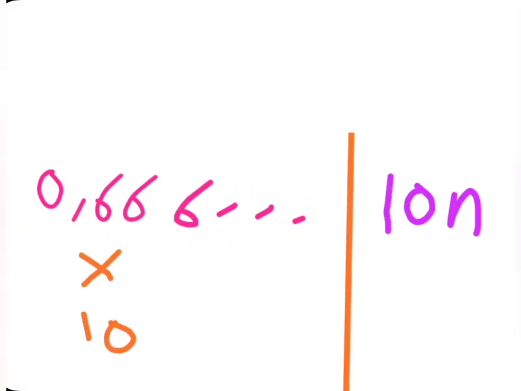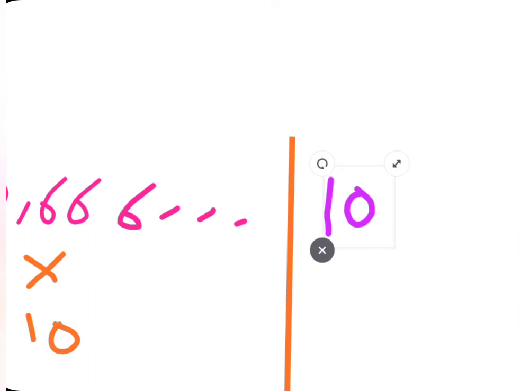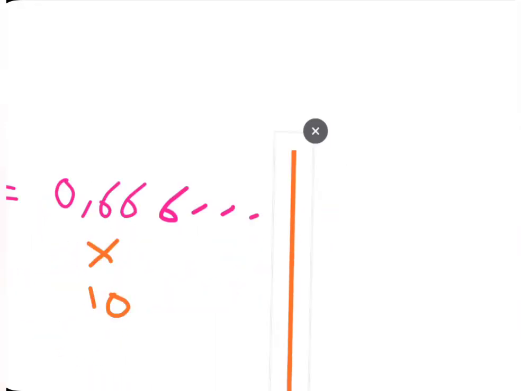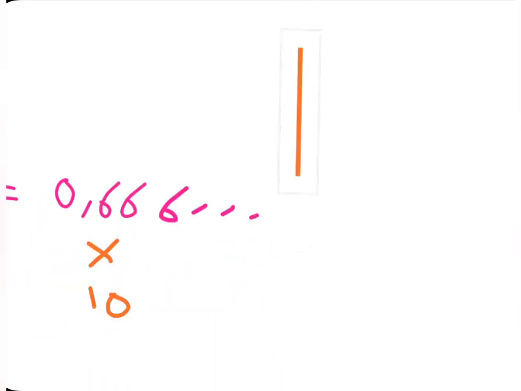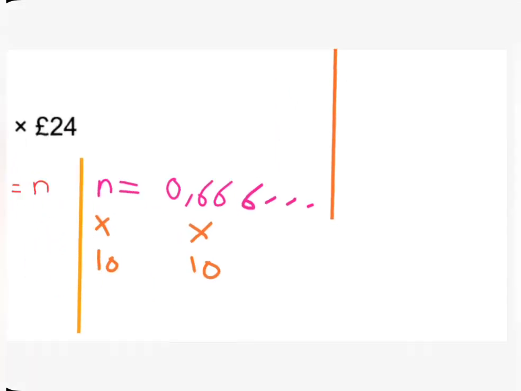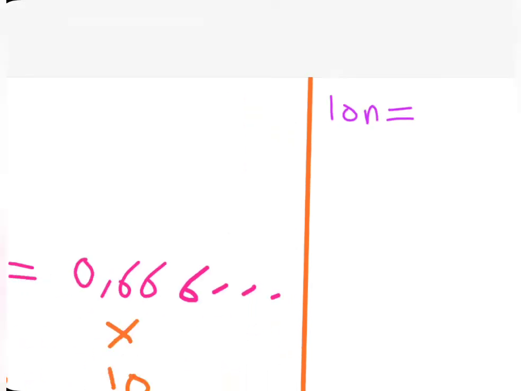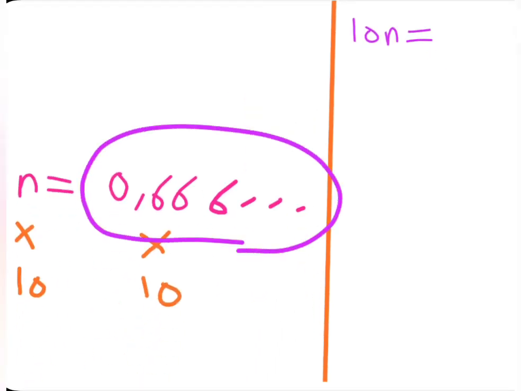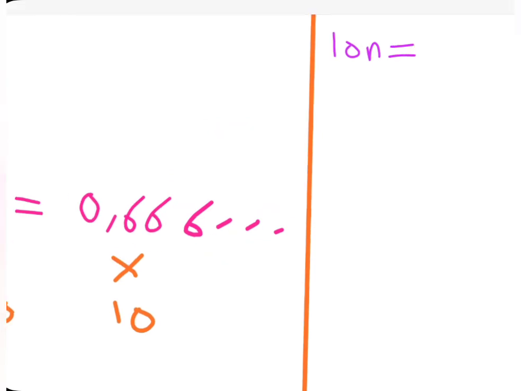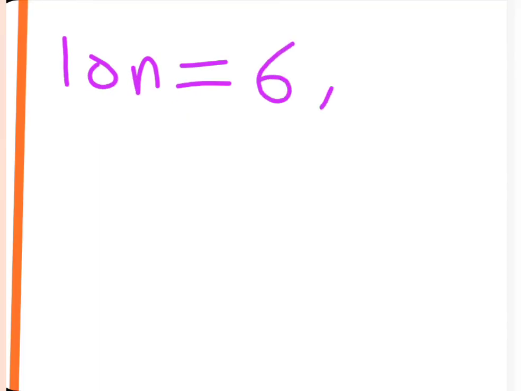Let's put it on the top so we can use the whole space. 10n equals, when you multiply this by 10, what do you get? Very good, 6.6, and it goes on. Good. So we write it here. It's going to be 6.666, and it goes on.